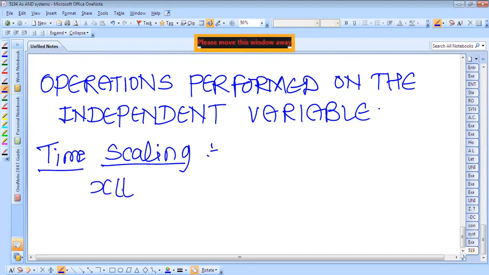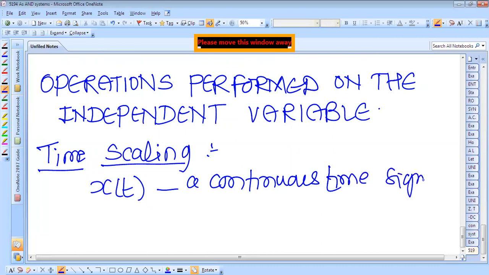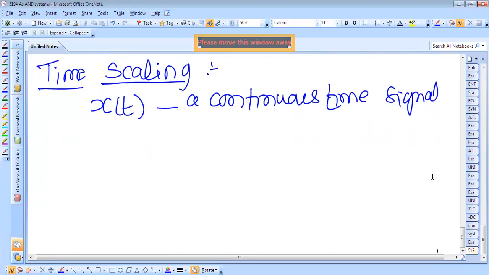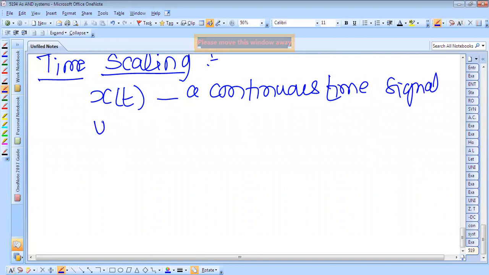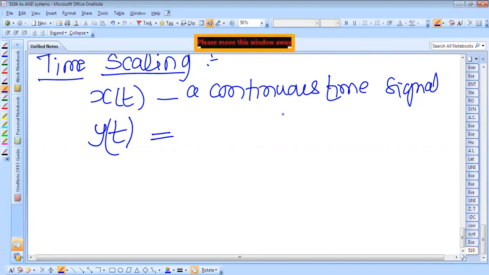Let us again consider that x of t is a continuous time signal, and the output signal y of t is obtained by scaling the independent variable time t by the factor a.